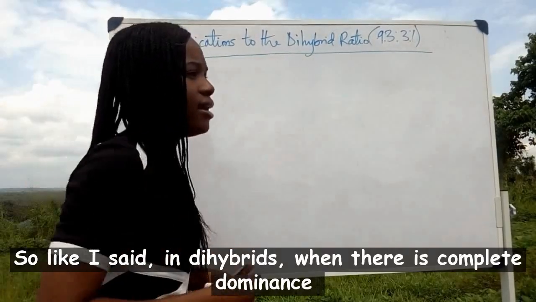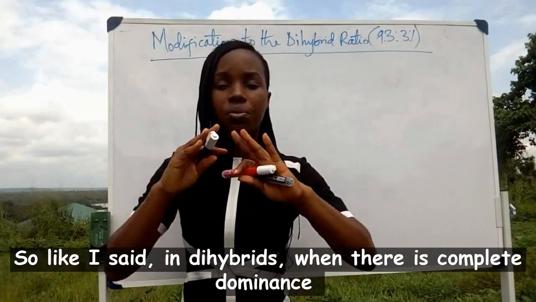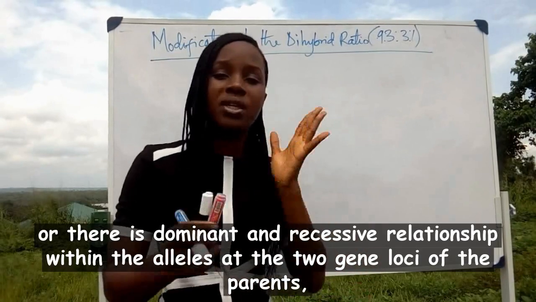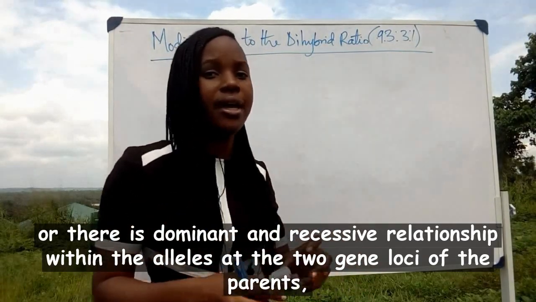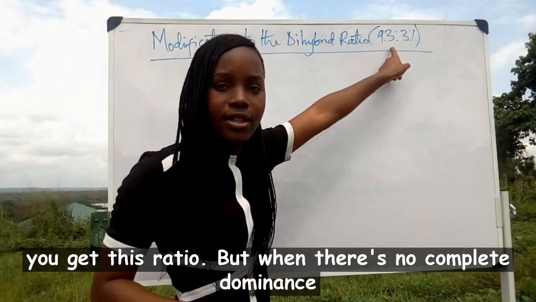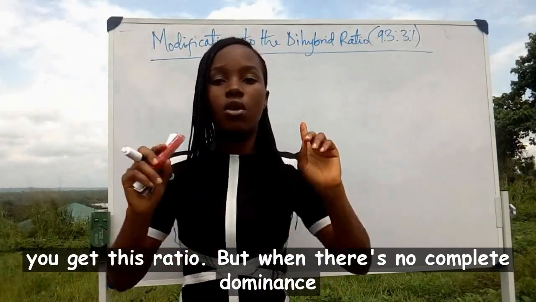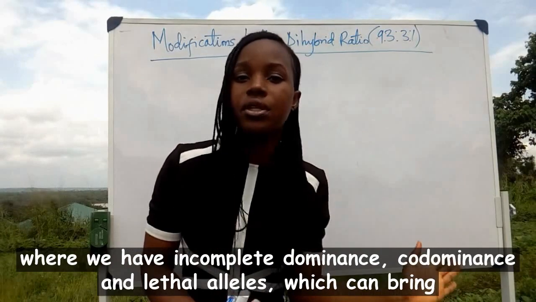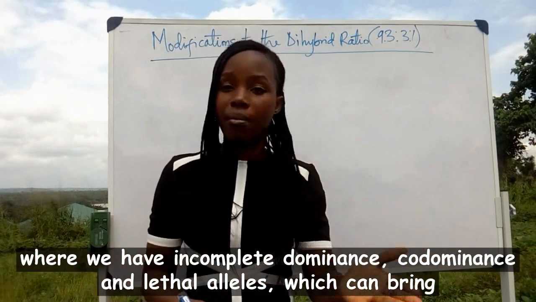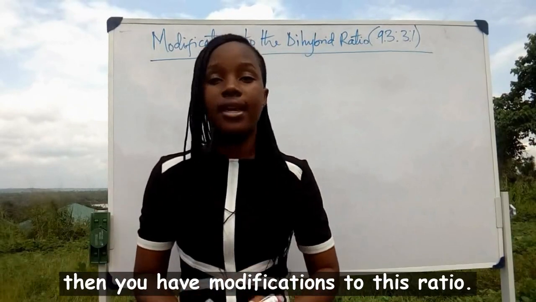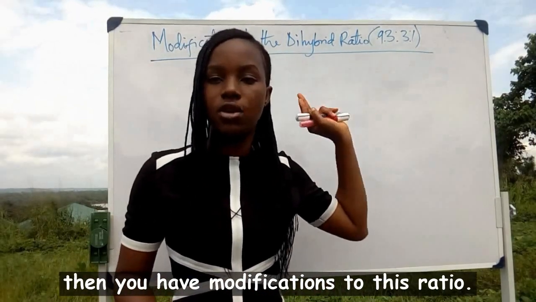So, like I said, in dihybrids, when there is complete dominance, or there is a dominance and recessive relationship between the alleles in the two gene loci of the parent, you get this ratio. But when there is no complete dominance, where we have incomplete dominance and codominance and lethal alleles, which can bring about the death of the carrier, then you have modifications to this ratio.